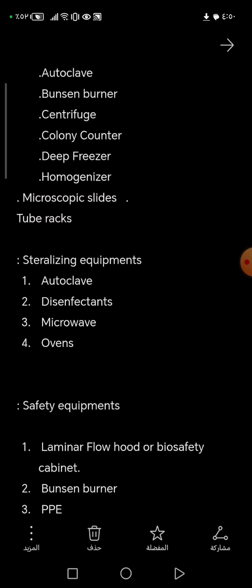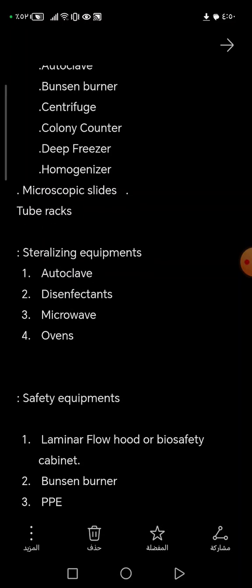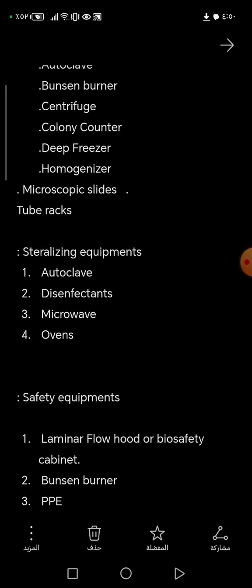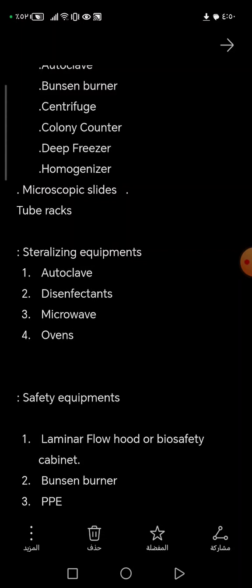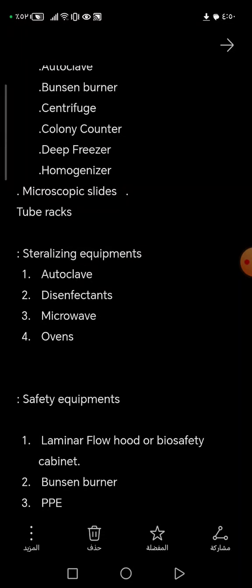Okay, centrifuge, you know what a centrifuge is. Colony counter, deep freezer for storing some cultures. Homogenizer, microscopic slides. Of course, microscopic slides are needed for gram staining and sometimes blood smear.